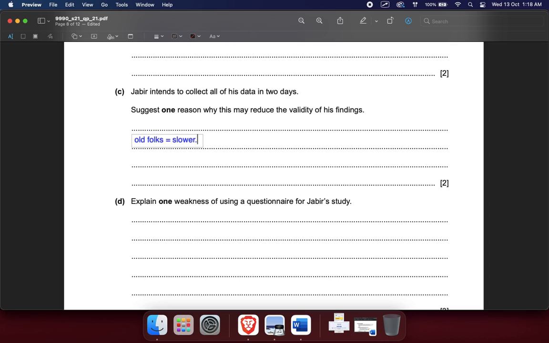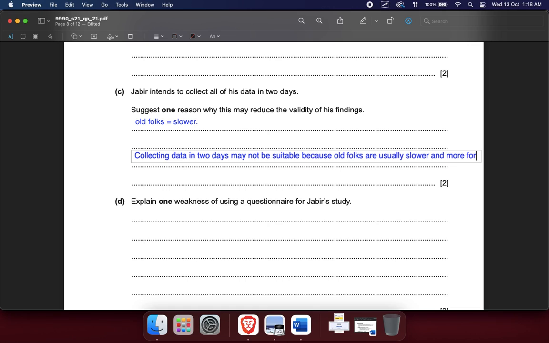However, they still want to be part of it, so you might say something along the lines of: collecting data in 2 days may not be suitable because old folks are usually slower and more forgetful.